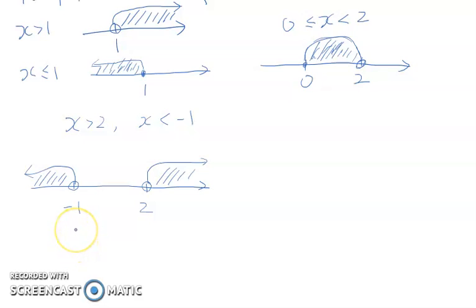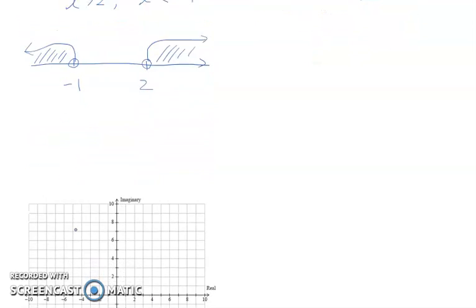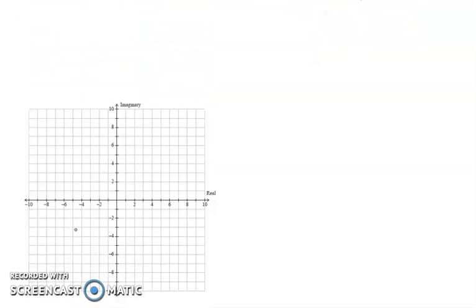Now let's have a look at an example in terms of complex numbers. Say I have a complex number z, which is x plus iy. And now I'm going to draw the loci with the condition that the real part is equal to 3 and the imaginary part is equal to 4.